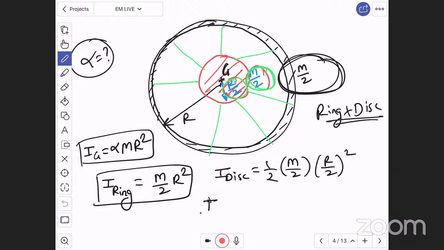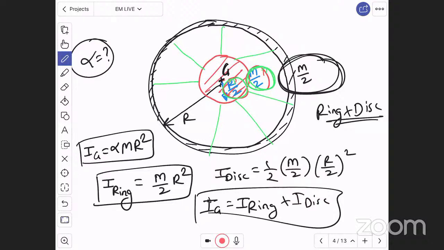Therefore, I about G for the total device is I for ring plus I for disk. Definitely 100% होगा ना. यहाँ पे रिंग भी है, डिस्क भी है, दोनों को ऐड करना पड़ेगा टोटल डिवाइस के लिए. Let us add them. Therefore, let us solve this question here.